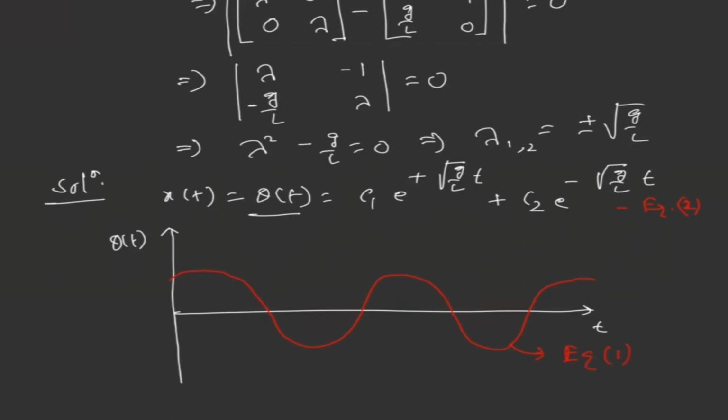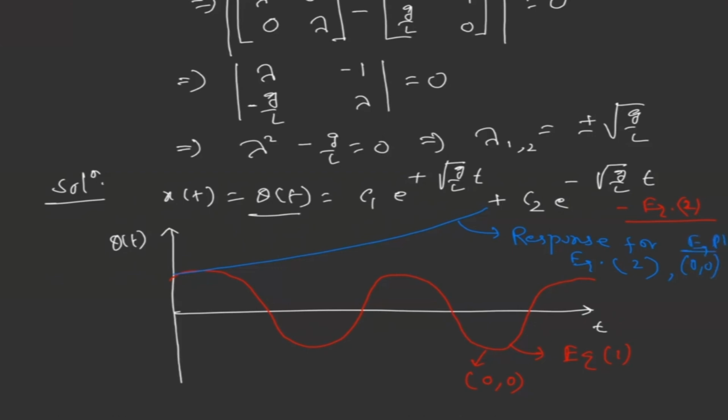And the equilibrium point for this case is 0, 0. And if you look at the response for equation number 2, we are having some kind of response. It is basically diverging. So this is the response for equation 2. And the equilibrium point in this case is 0, 0.